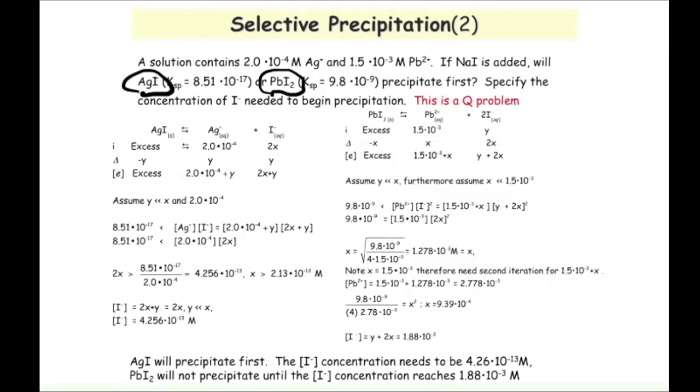I would do the silver first just because it has a very, very small equilibrium constant, 8.5 times 10 to the minus 17. So again, it's going to be a common ion from the lead. You're going to see that the silver goes to 2 times 10 to the minus 4. That's because that's my silver ion concentration initially, and 2x.